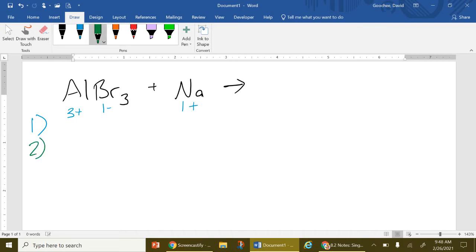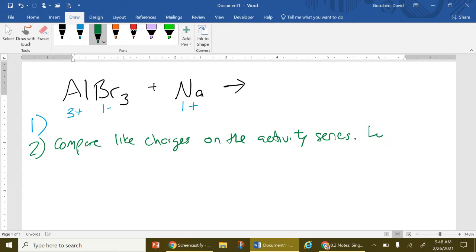The second step is to compare the like charges on the activity series. The lone element, which in this case is sodium, must be higher.